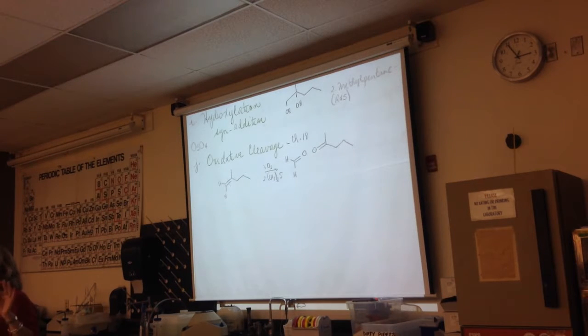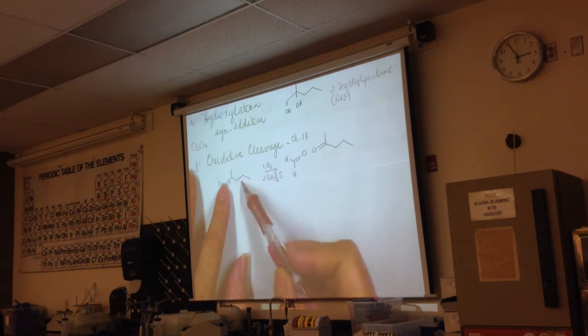The stronger oxidative conditions is permanganate and heat. Ozone is mild. It's the only way to make aldehydes with cleavage. Anything else is much harsher and will go to a carboxylic acid or CO2.